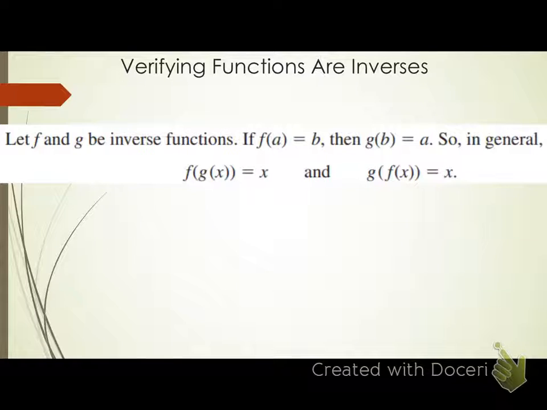If I take g of f of x, it should also equal x. If they both equal x, then I know they're inverses. If one or both of them do not equal x, then I know they're not inverses of each other. Any questions on that? Can I move on to my example?